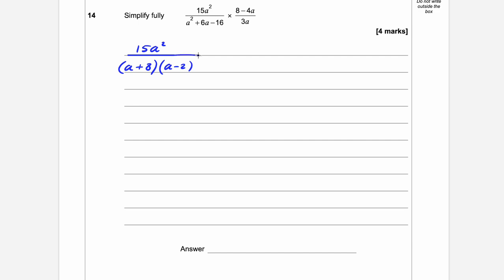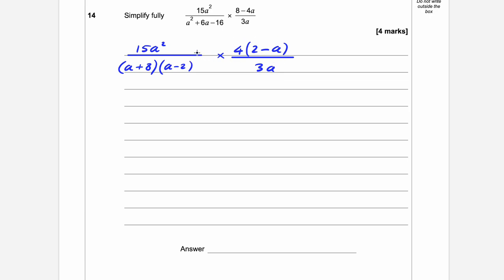Just double check that, guys. That's a squared minus 2a plus 8a minus 16. That is correct. Okay, and this is times 8 minus 4a. Now, what I'll do with this guy, everybody, if you're okay with this, is I'm going to factorize out the 4. And this will give me 2 minus a. Okay, and this is all over 3a.